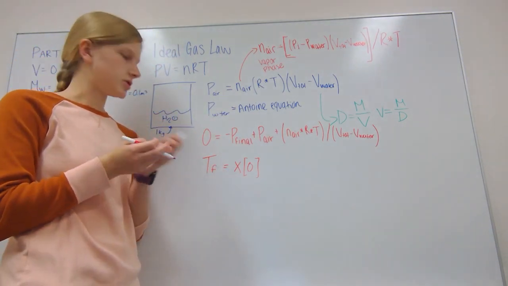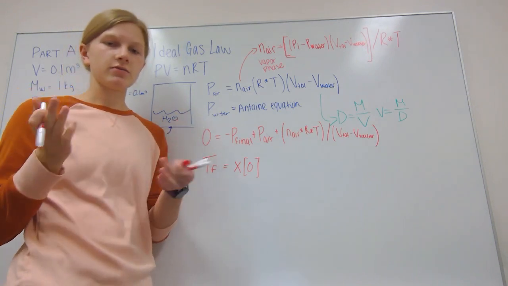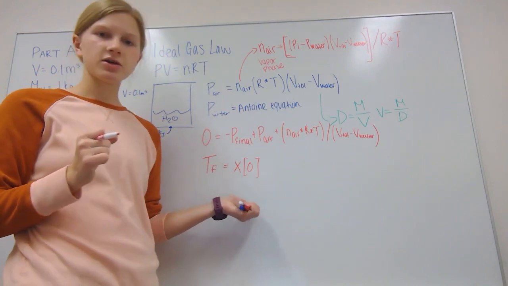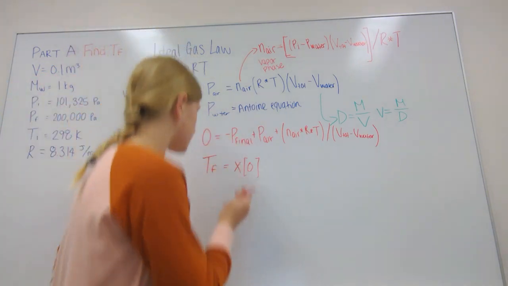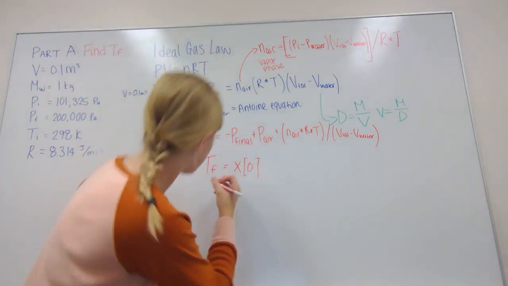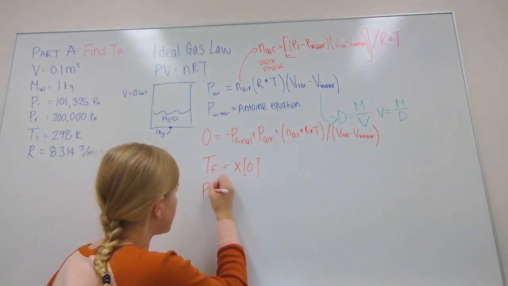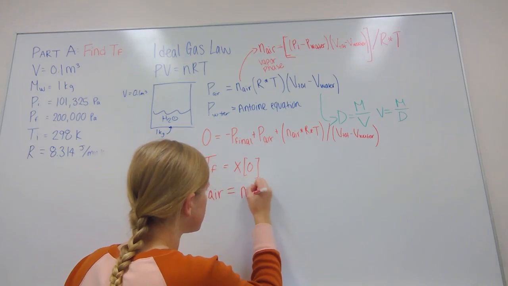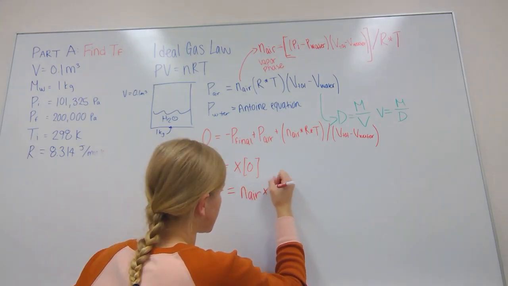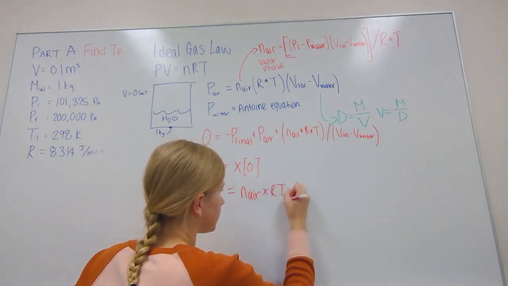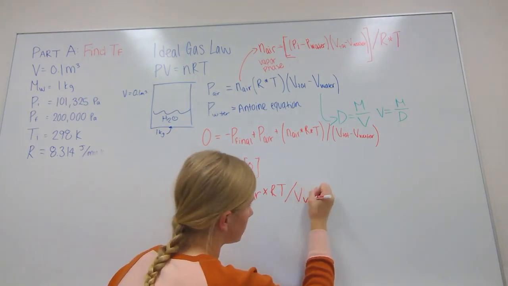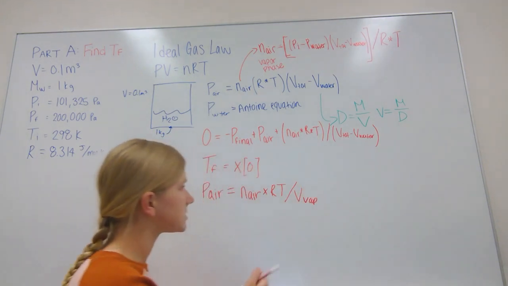So essentially what we're doing is comparing the vapor pressure of the water to the final temperature in this vector, and then we will have the partial pressure of the air. The air equals the number of moles of air times RT divided by the volume of the vapor phase.